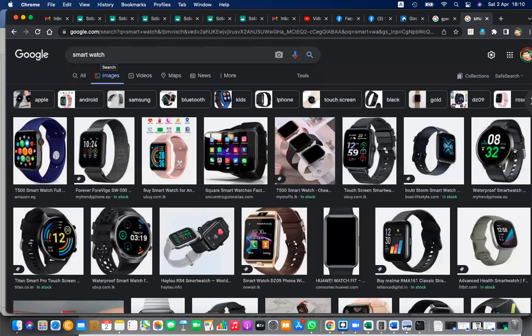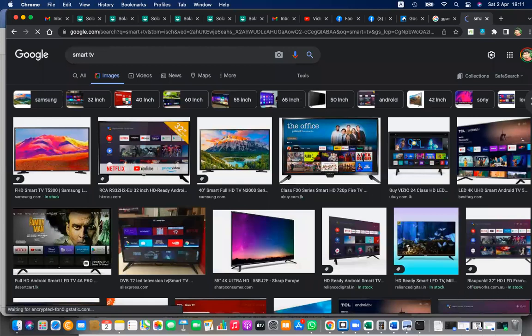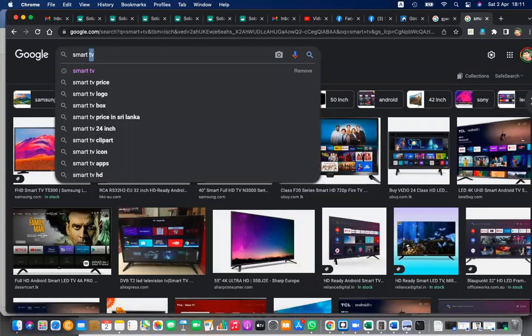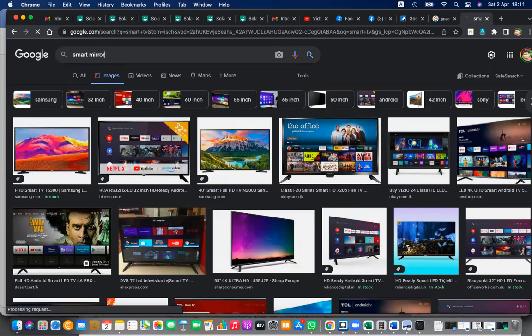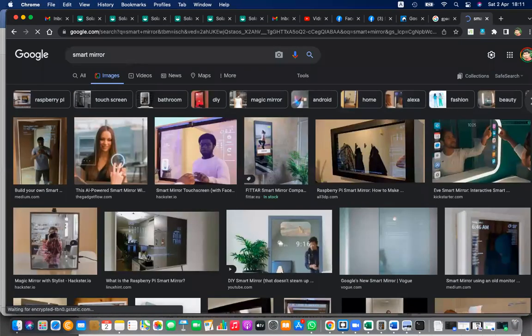And let's say a smart TV is a traditional TV with internet and network connection. With a smart TV, you can get many services. And let's say a smart mirror, a traditional mirror with smart services, internet connected or network connected, which is having more services. That is a smart mirror.